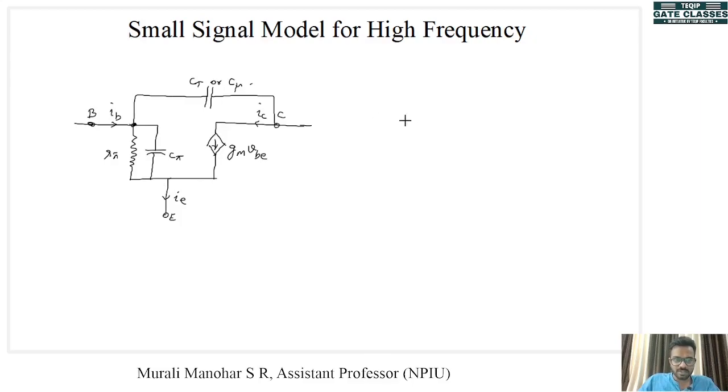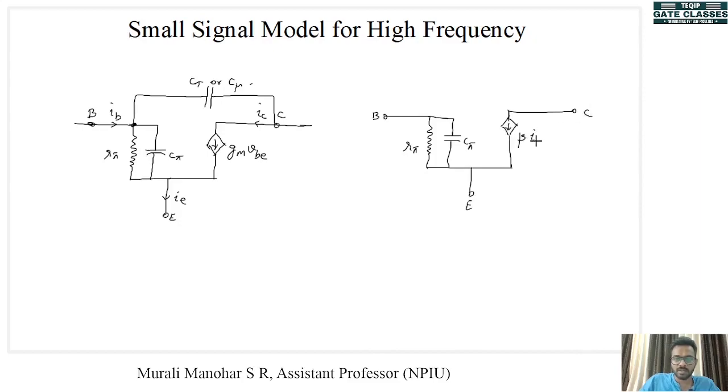We can also draw this as a current controlled current source type of pi model. So here we will have a current controlled current source. I am not considering RO here because RO is very high, so it can be considered as an open circuit. This is R pi, C pi, emitter, base, collector.